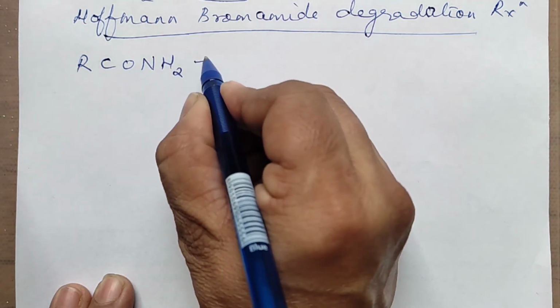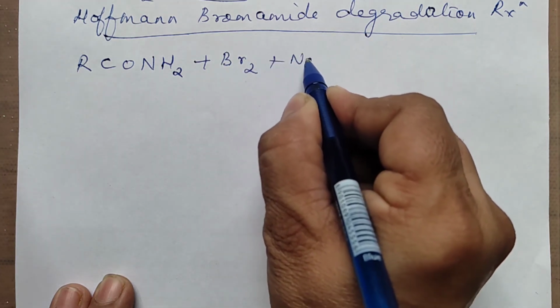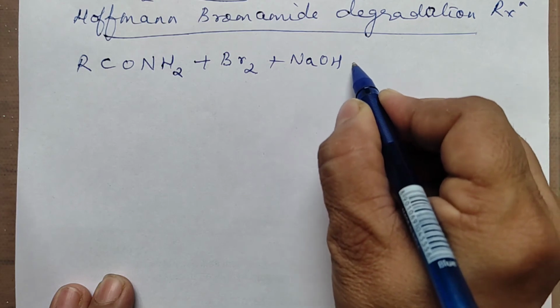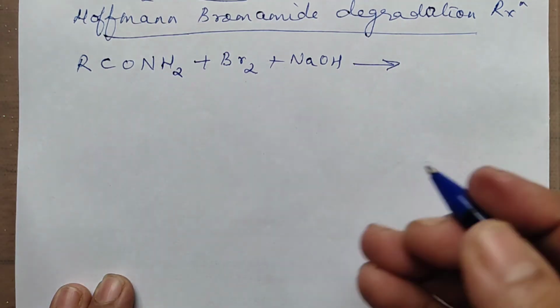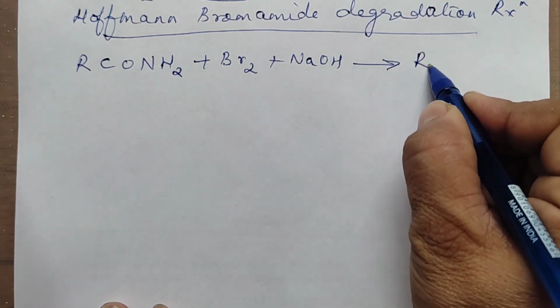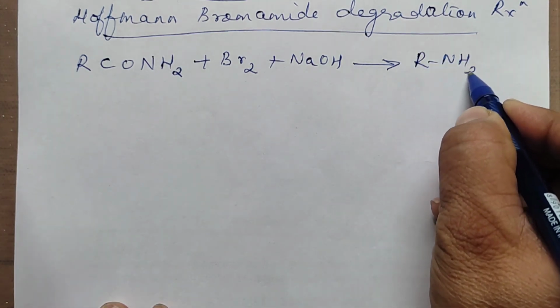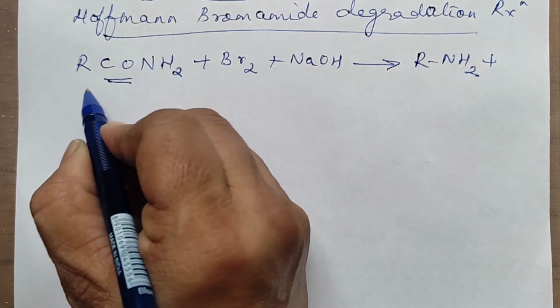You make it react with bromine, and then in the presence of the base the reaction occurs. And what you get is one carbon less in the product. So that means what you are getting is RNH2 plus what else will be there? That means this is going to be removed.